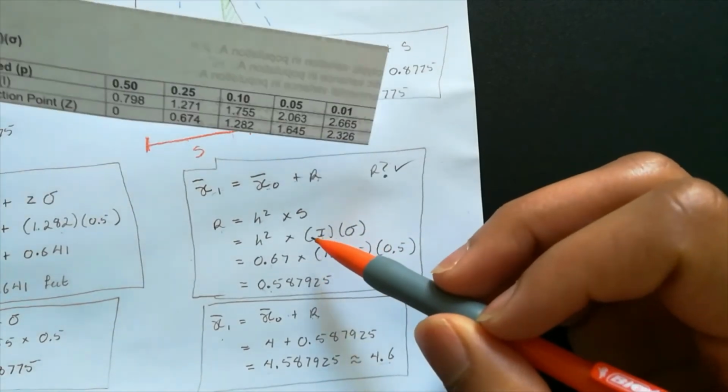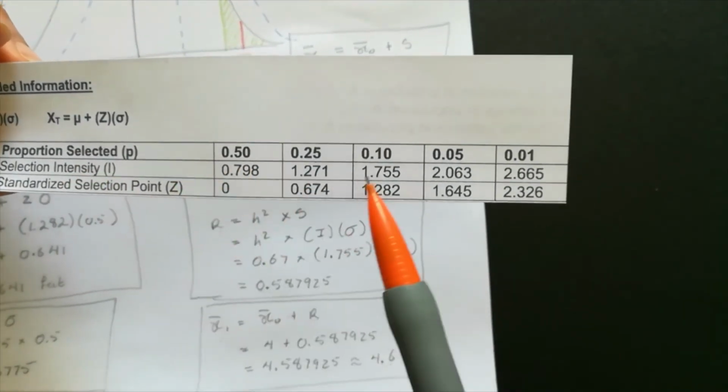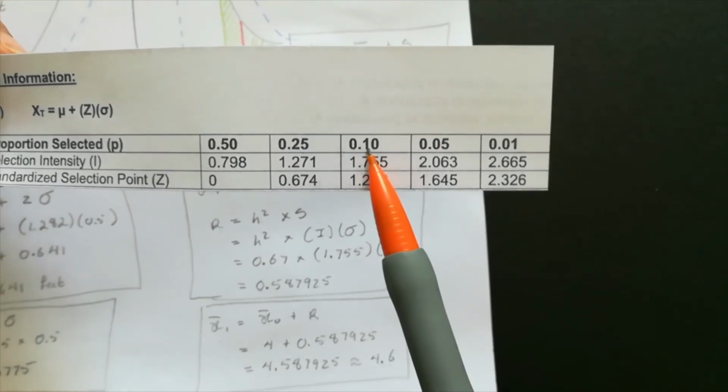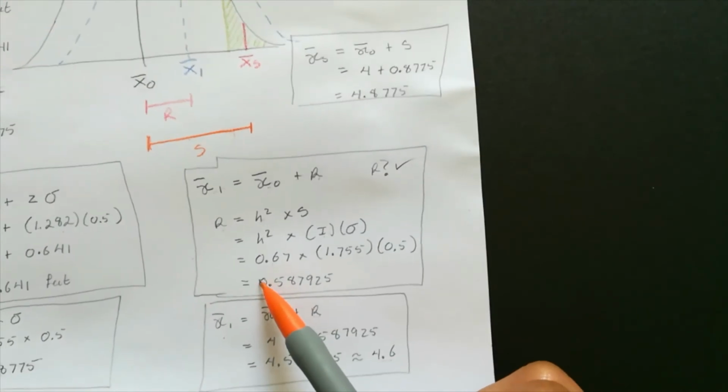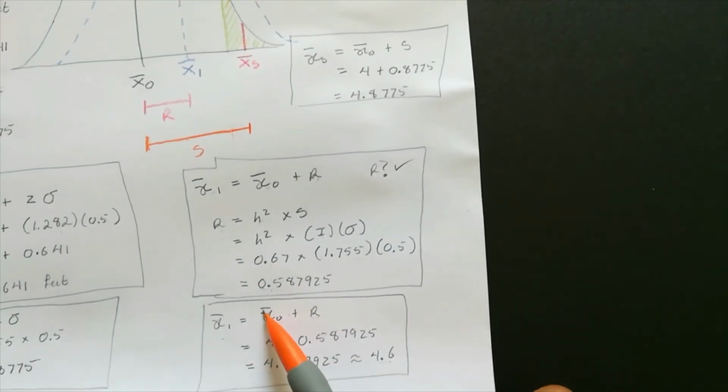The selection intensity was obtained by using the same table, and we're using 1.755 because you're selecting the top 10%. After we solved for R, it was inputted into the original formula, and the value obtained was 4.587925, or rounded to 4.6.